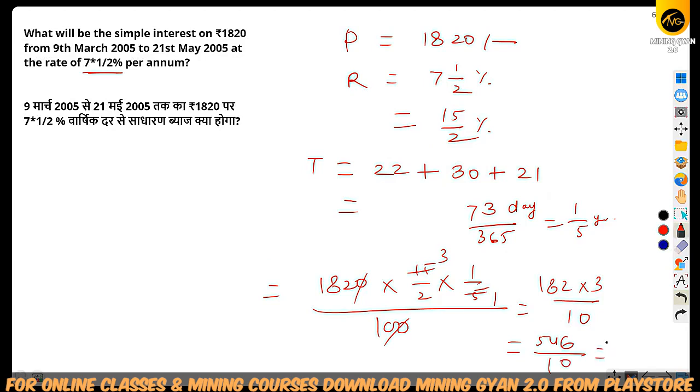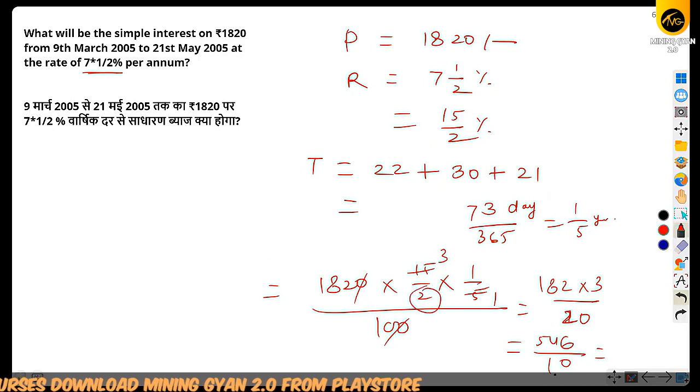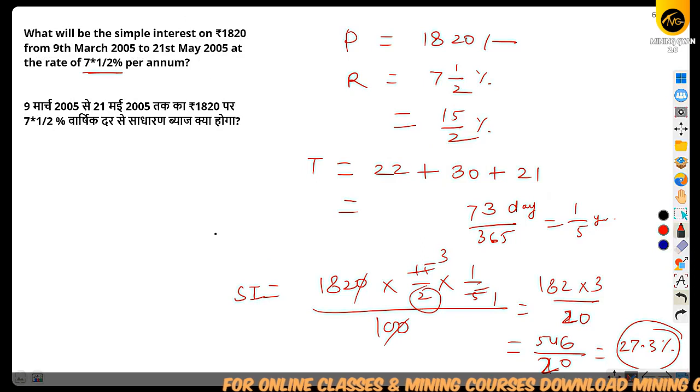The 2 will come over here, so this becomes 20. Okay, the 2 that is left below comes down and it becomes 20. So this is 546 divided by 20, that is 27.3. So it's totally on you, you can use the traditional method to divide. So 546 divided by 20 is equal to 27.3, the simple interest on 1820 rupees.